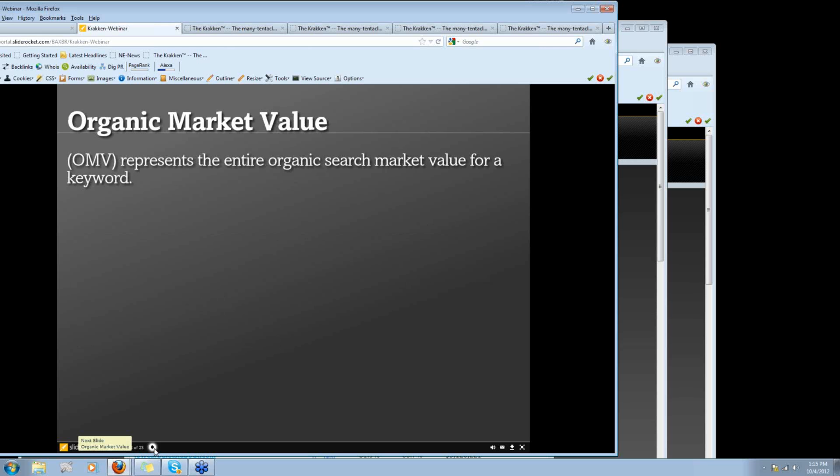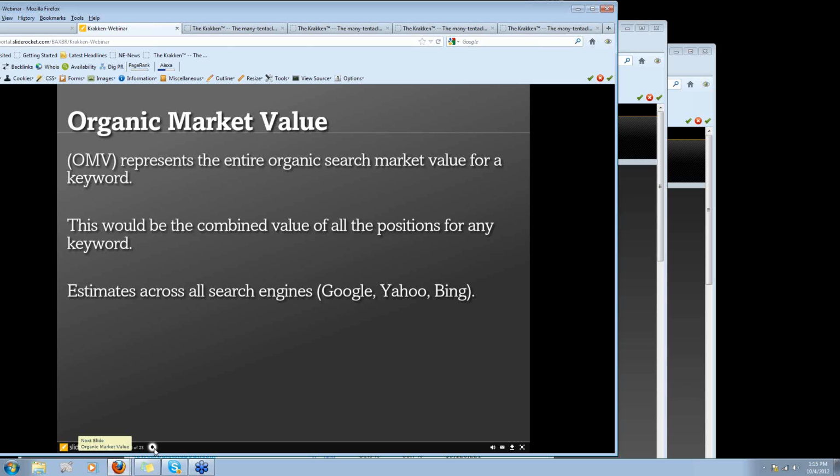Organic market value is similar, except obviously it's only going to be the organic value, right? So we don't include the pay-per-click value in this. So it's the entire organic search market value. It's a combination of all of the positions for any keyword across all of the search engines, and it's measured in dollars per year.